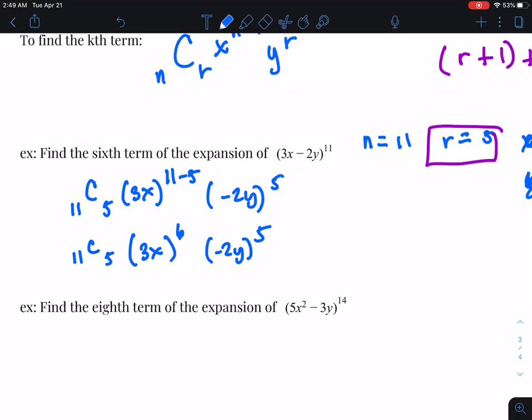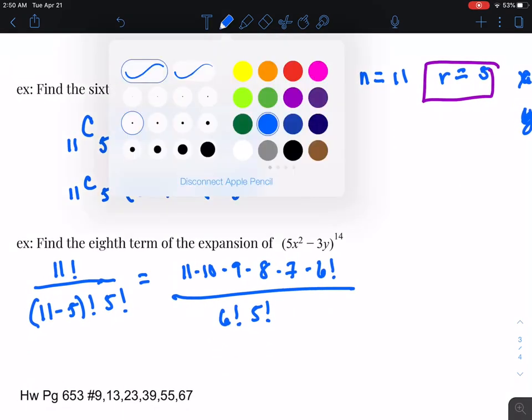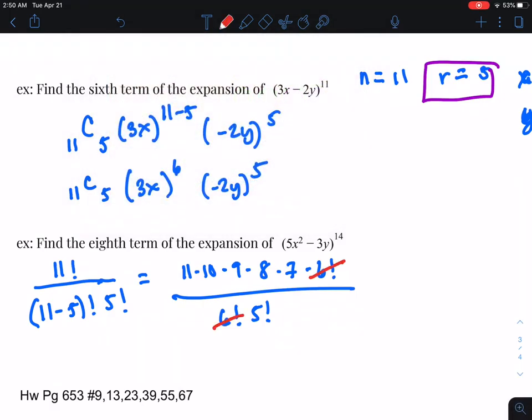Now doing this right here, 11 choose 5, see if I can do that in my calculator. That's going to be 11 factorial all over 11 minus 5 factorial, 5 factorial. So we got 11 times 10 times 9 times 8 times 7 times 6 factorial all over 6 factorial and 5 factorial. Okay. Cancel. Cancel.